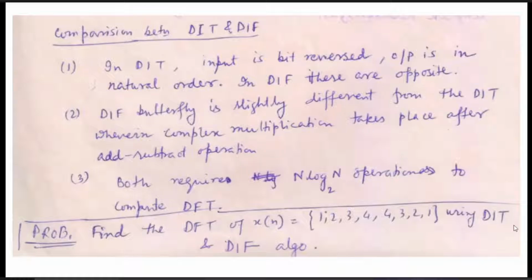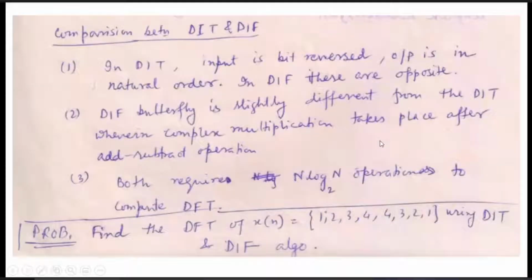And in DIF, these are opposite, because you can see that in DIF the input is in normal order, but the output, that is FFT output, is in bit reverse order. That is 0, 4, 2, 6.